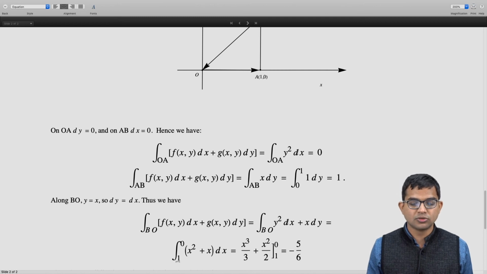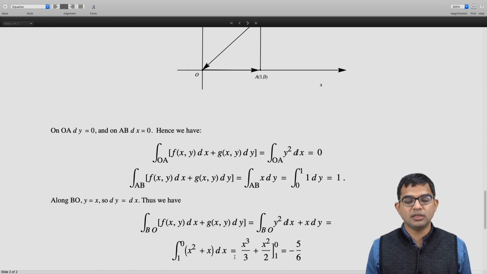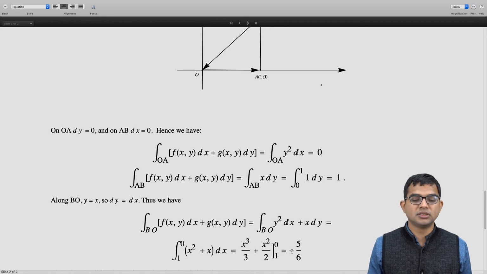X goes from 1 to 0 and x is just x. In place of dy we put in dx, so both of these terms can be added, so we have the integral of x squared plus x dx, which is x cubed by 3 plus x squared by 2 from 1 to 0. At 0 there's nothing, so it's basically minus 1/3 minus 1/2, which is minus 5/6.